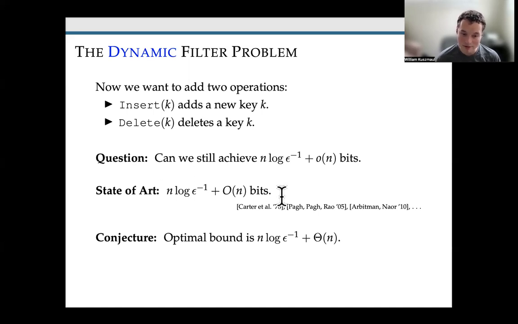There's lots and lots of solutions that are known for this problem, and the best ones that we have use order n more bits than the static solution uses. And so the folklore conjecture is that, once again, there seems to be an intrinsic cost to dynamism, and the optimal space bound, it seems, should be order n bits larger than what you got for the static version of the problem.